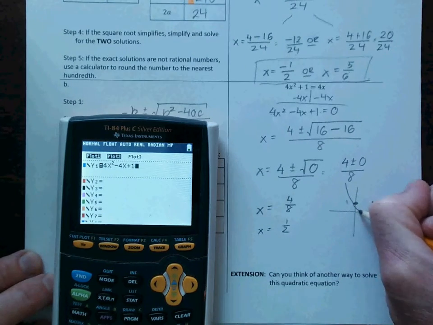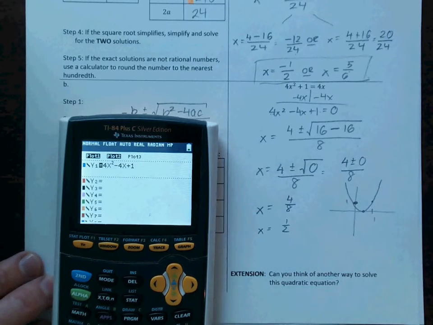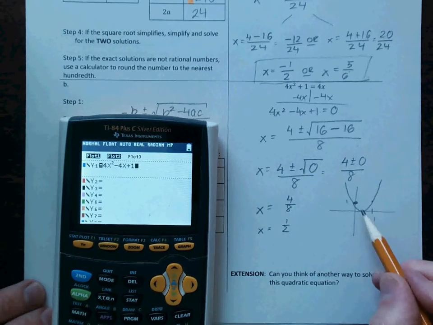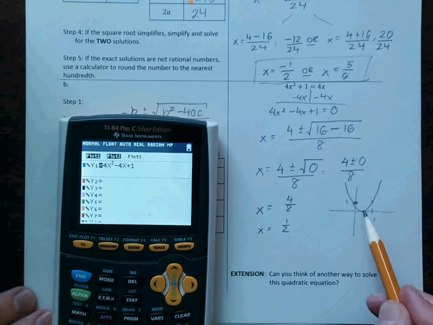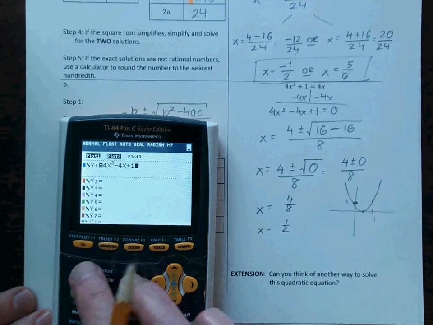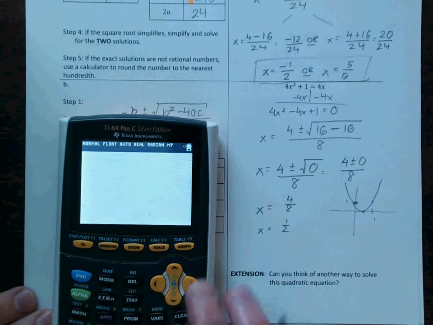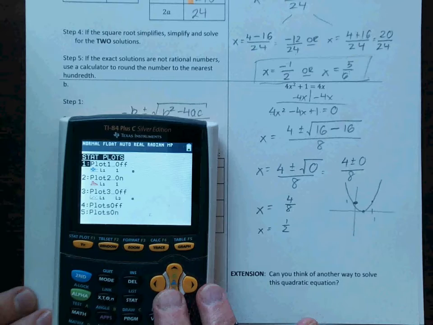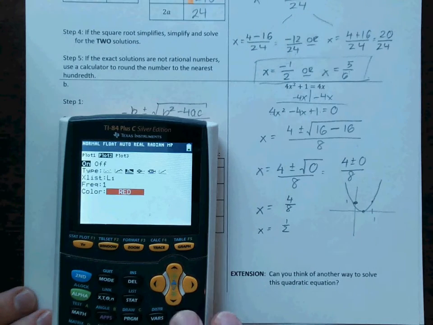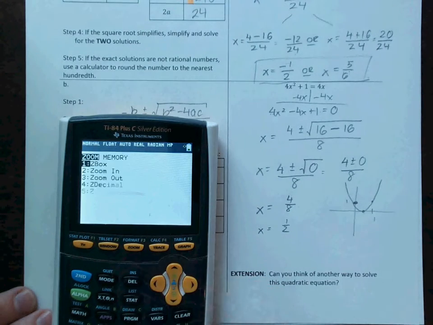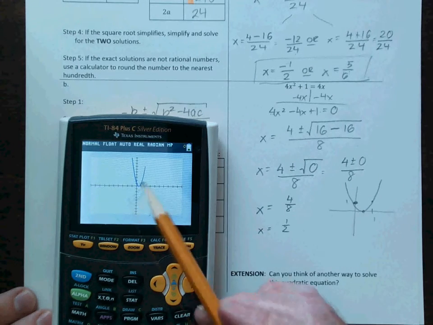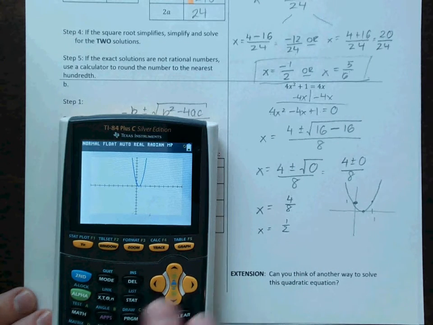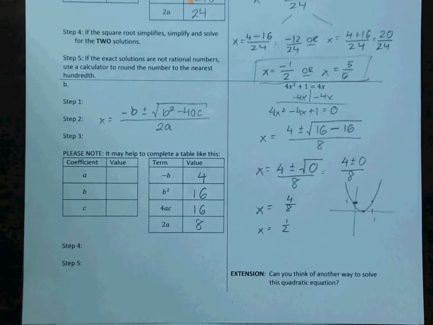But what happens is it sits on the x-axis. So both of its roots, because generally it has 2 roots, both of its roots are at 1/2. Let me just make sure I've turned off all my stats plotting. And if I go to zoom standard, you're going to see a quadratic that just sits right on the x-axis at x is equal to 1/2. So that's kind of neat.